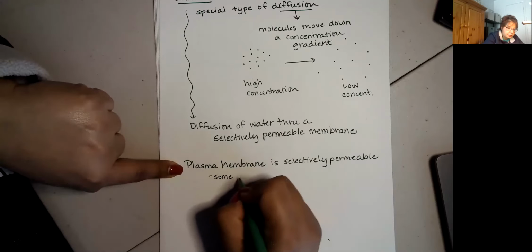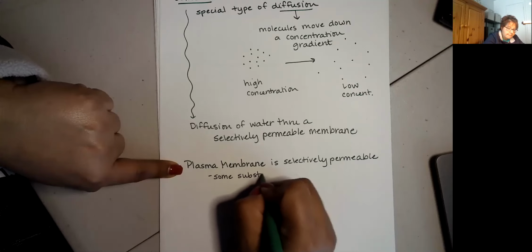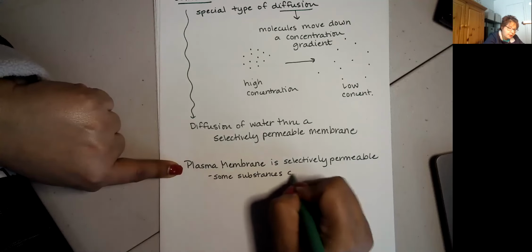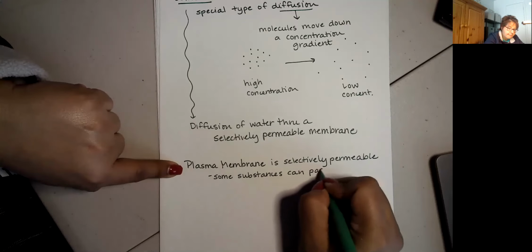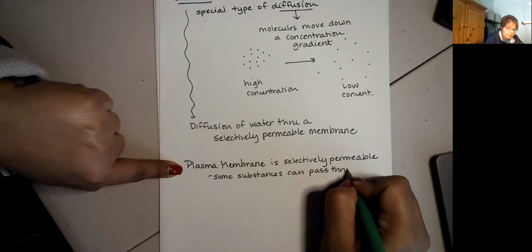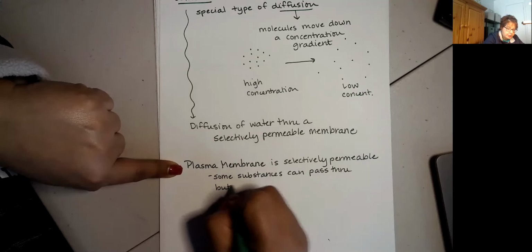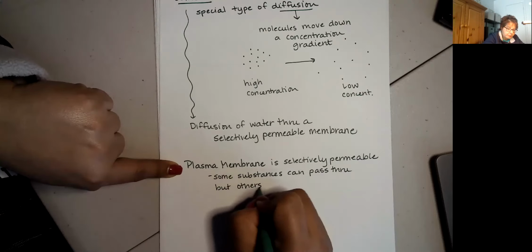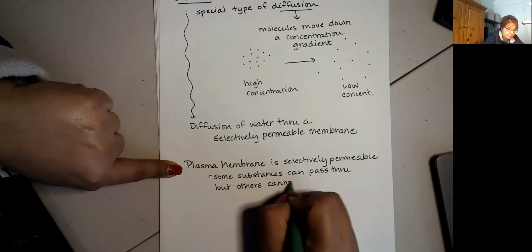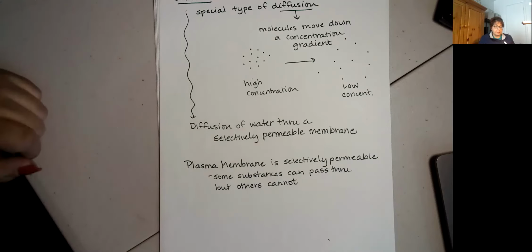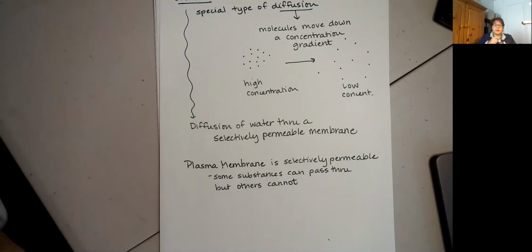Some substances can pass through, but others cannot. That's what we mean by selectively permeable.